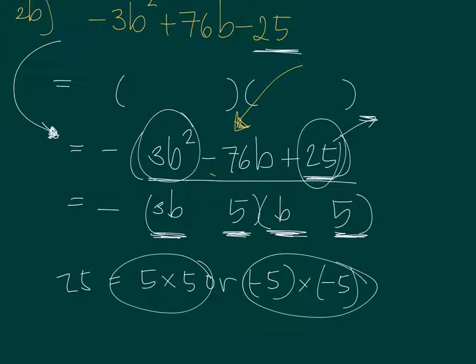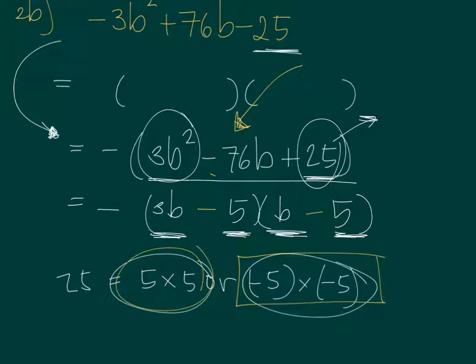If the middle term is a subtraction, or a negative value, that means I have to pick this combination, because this is the one that will give me a negative value. This will always be positive. So that means I have to make my 5 minus 5, and the second 5 also minus 5.